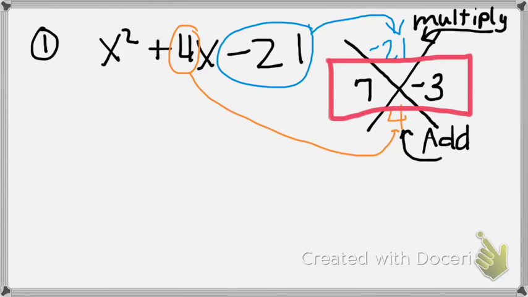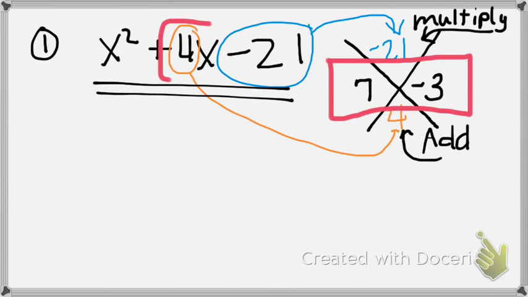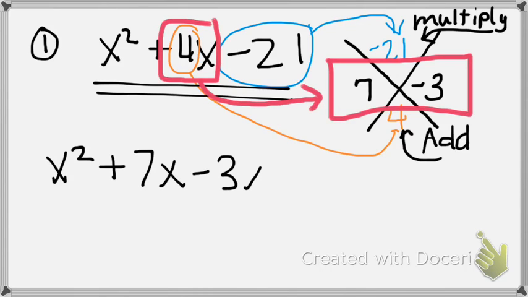Now the whole reason we do that is because I'm going to take this beautiful 3-term problem and turn it into a 4-term problem. Once I've turned it into a 4-term problem, I can factor by grouping. So I'm going to take this middle term and rename it using those two numbers that I just found. It looks like this: plus 7x minus 3x minus 21.